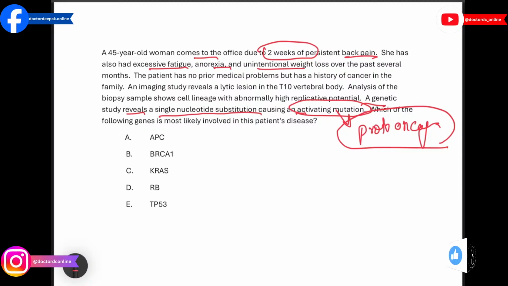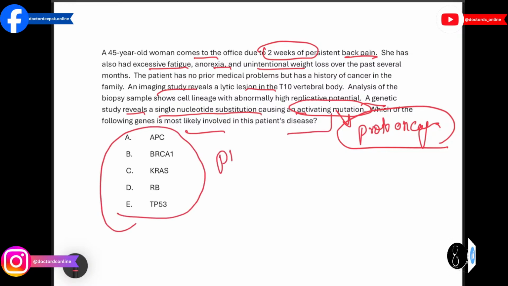It's proto-oncogenes because they are saying activating mutation. Secondly, they are saying they are having these symptoms and that is more commonly related with colon cancer. And secondly, with the activating mutation, we have to check which of the following genes is a proto-oncogene.